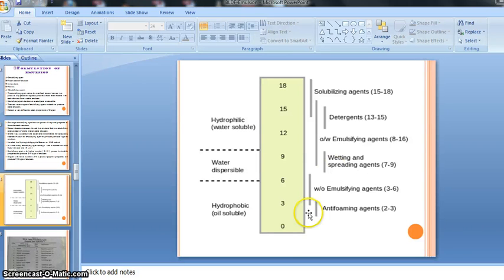So let's see this scale numbered 0, 3, 6, 9, 12, 15, 18, right, as we saw already.